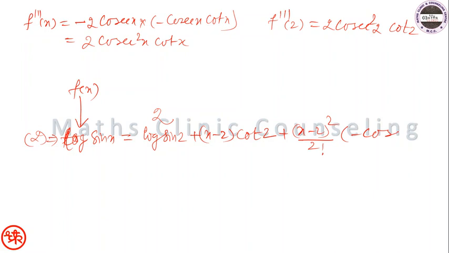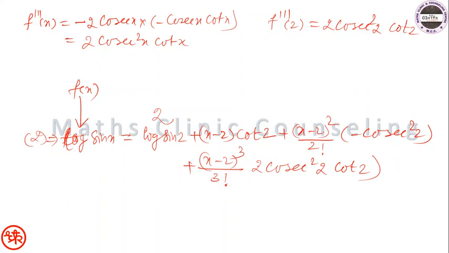Minus cosec square 2. And then plus (x minus 2) whole cube by 3 factorial into f triple dash of 2. How much is that? 2 cosec square 2 into cot 2. Is that value clear?